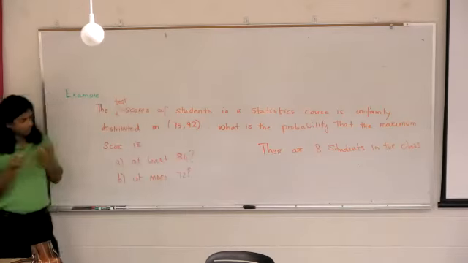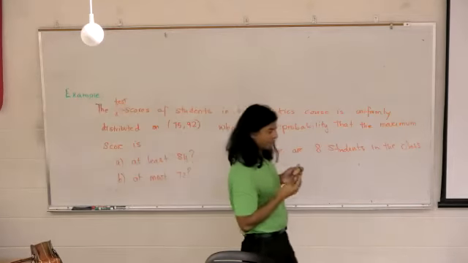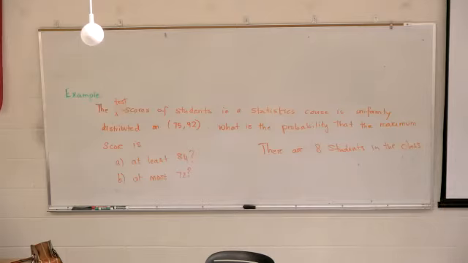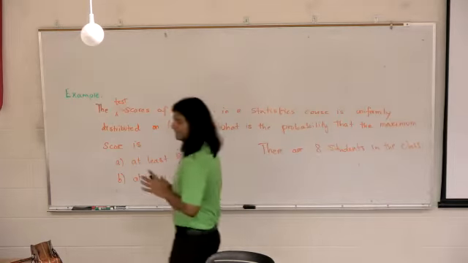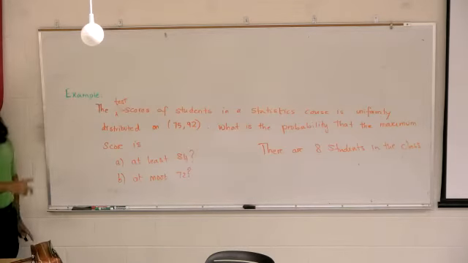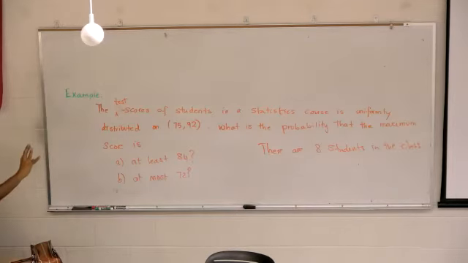Even before we start, for at least 84, do we expect a reasonably good probability or a very small probability? Pretty good, right? We're not asking what are the chances you pick a student and the score is at least 84. We're asking what are the chances that the maximum score is at least 84. I will contrast it once we finish this.